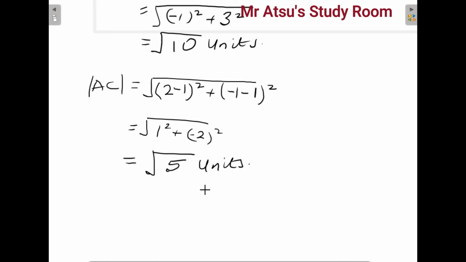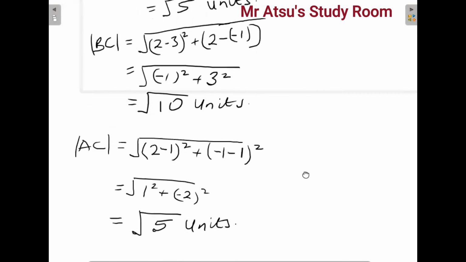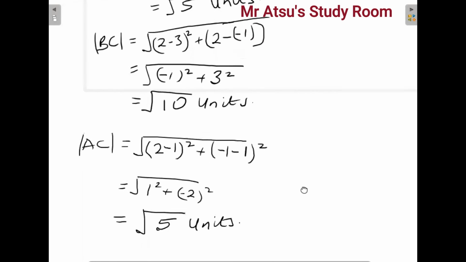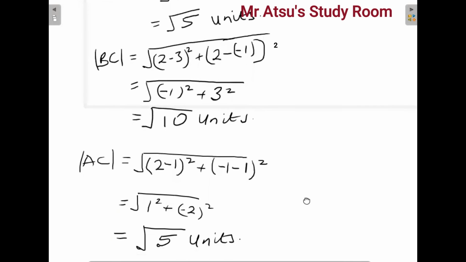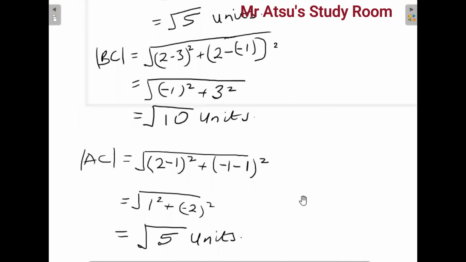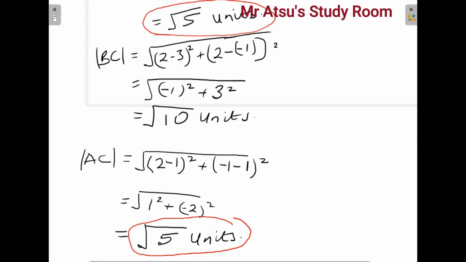Alright, now that we have found the 3 sides of our triangle, we go back and check the lengths. From here we can see that the length AB, which is square root of 5 units, is equal to the length AC, which is square root of 5 units also.